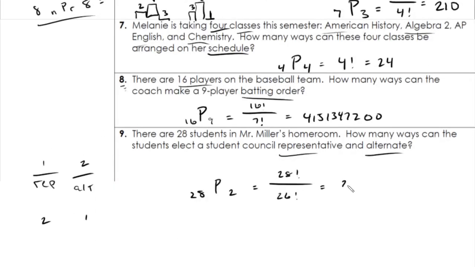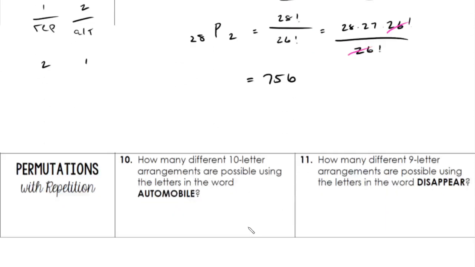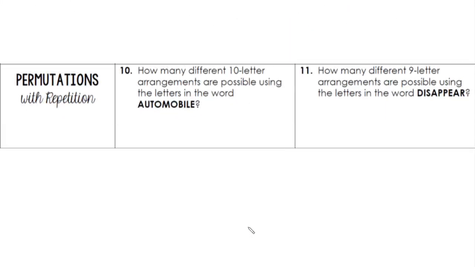And so this would be 28 times 27 times 26 factorial over 26 factorial. The factorials cancel. So your answer is just 28 times 27, which is 756. All right, so let's move on. Oh, we got a couple questions left.